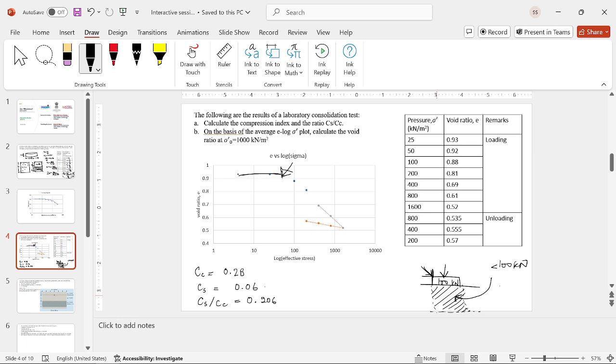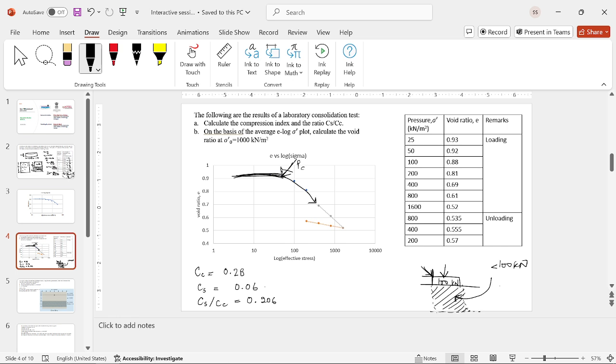So up till that stress, the pre-consolidation pressure, the soil will resist change to its volume. As you see, as the load is increasing, the volume is not changing that much. But as soon as you cross the pre-consolidation pressure, it will start to increasingly deform.